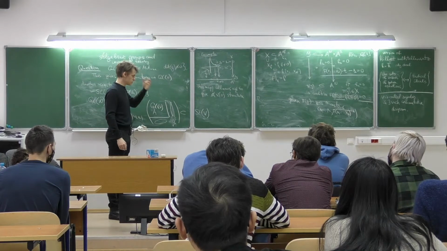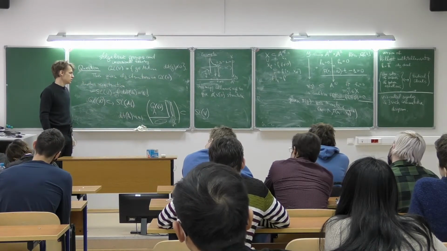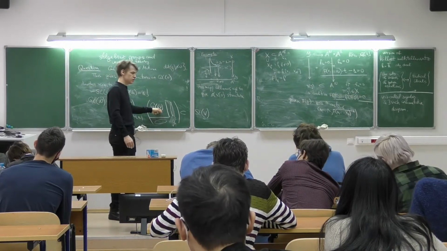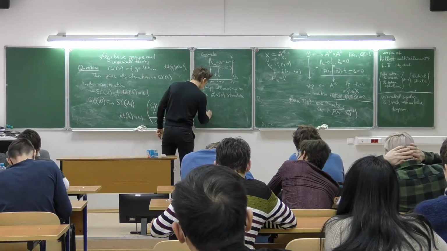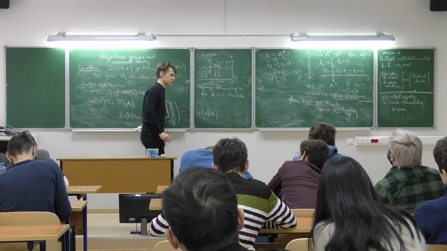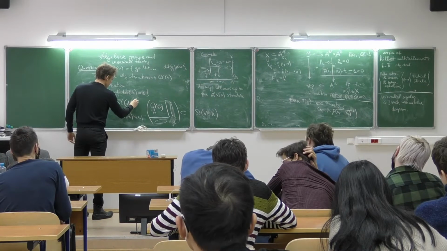And what is the benefit of this construction? The benefit is that we have realized GLN as a closed subgroup. So this is the n plus 1 dimensional SLN.